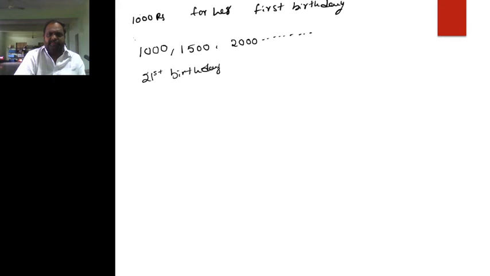So in previous classes we discussed the 21st term, but here we need the total amount. So a is equal to 1,000 and d is equal to 1,500 minus 1,000, that is equal to 500.